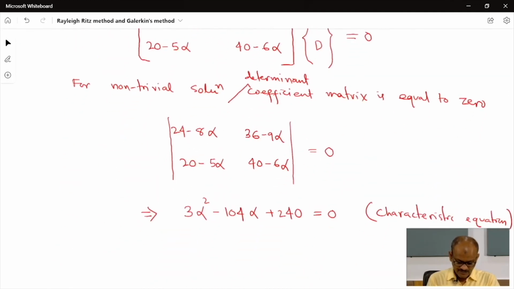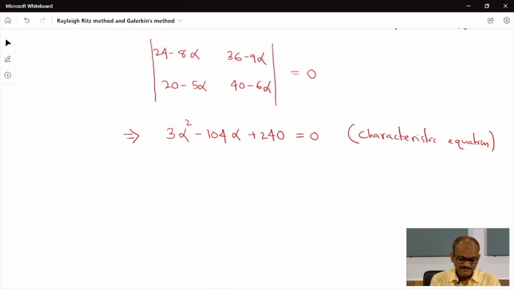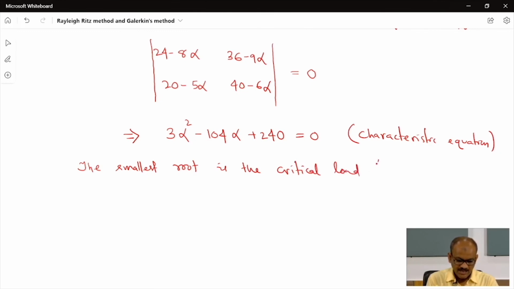So, if we solve it, the smallest root is the critical load. This is the eigenvalue.